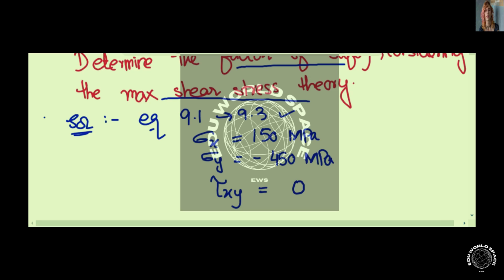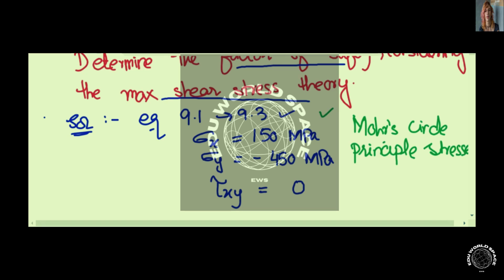So if we recall the Mohr's circle or these equations, we would see that the principal stresses occur at certain angles, right?